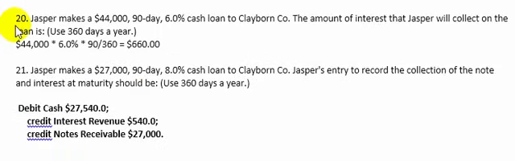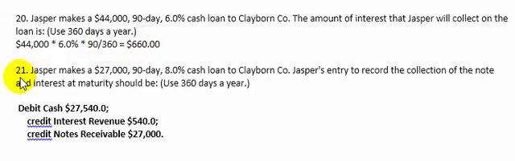Number 20. Jasper makes a $44,000 90-day 6% cash loan to Claiborne Company. The amount of interest that Jasper will collect on the loan will be how much? It'll be $44,000 times 6% times 90 over 360, which is $660 worth of interest.